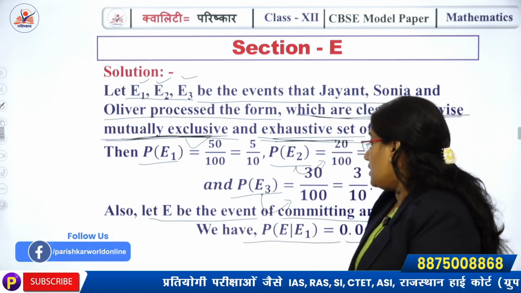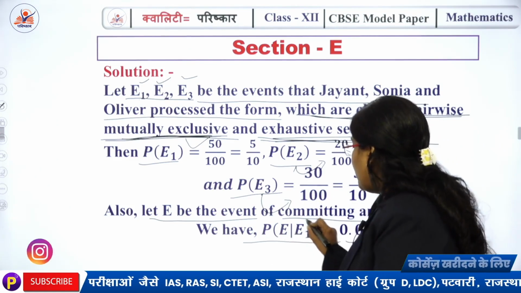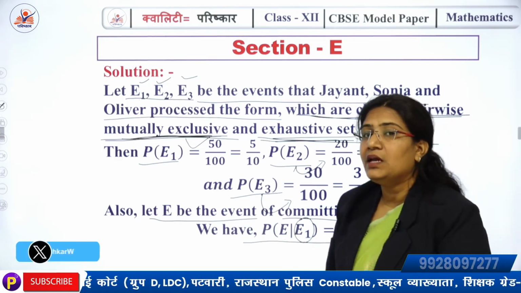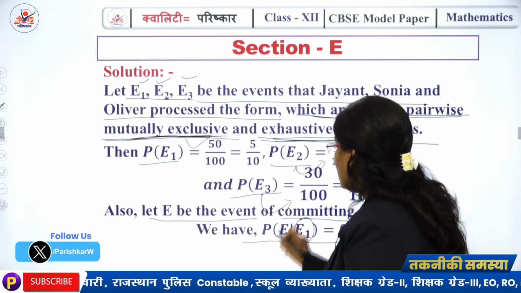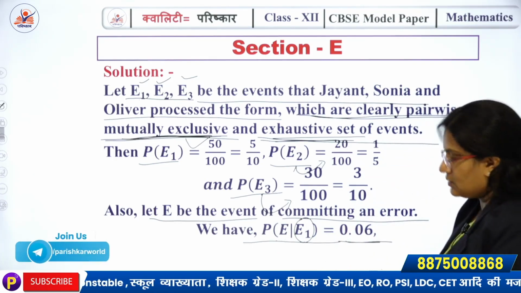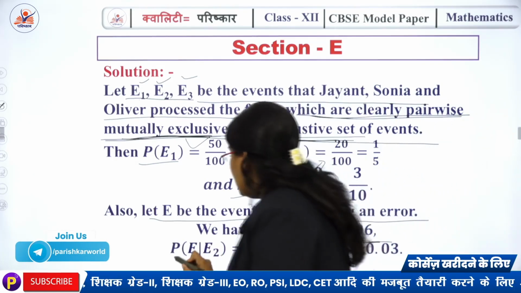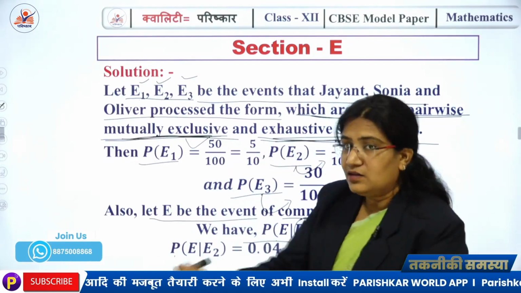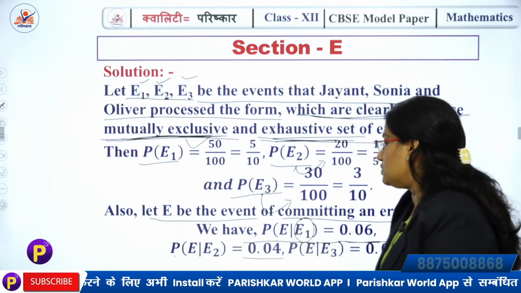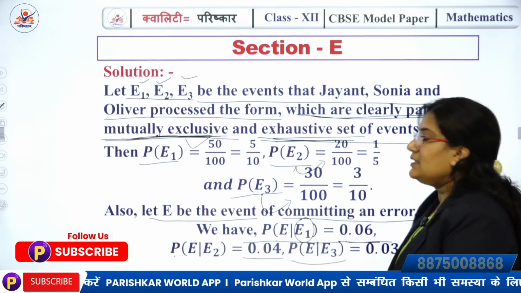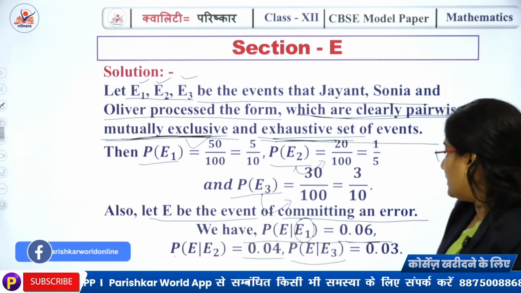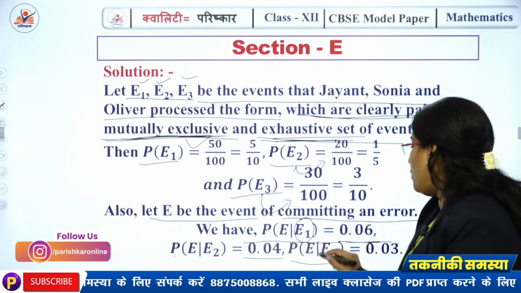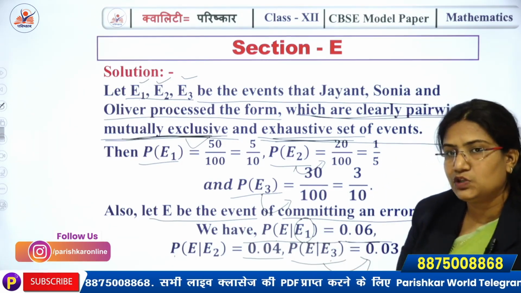It means committing an error by E1, that means जयंत ने जो फॉर्म प्रोसेस किया और उसमें एक एरर कमिट हुई है, उसकी प्रोबेबिलिटी हमें क्वेश्चन में गिवन है 0.06. अगेन वी हैव प्रोबेबिलिटी ऑफ E by E2. इट मीन्स सोनिया ने जो फॉर्म्स को प्रोसेस किया है और उसमें एरर हुई है वो हमें गिवन है 0.04. अगेन प्रोबेबिलिटी ऑफ E by E3 इज इक्वल्स टू 0.03. दैट मीन्स ऑलिवर ने जो फॉर्म्स प्रोसेस किए हैं और अगर उसमें कोई एरर हुई है तो वो एरर की रेट जो है वो 0.03 है.